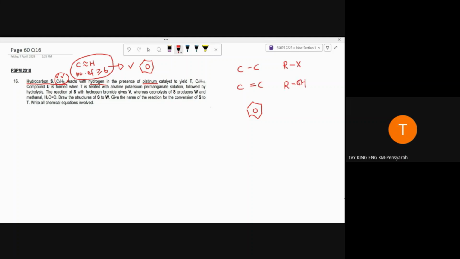Okay, I think this is the minimum. So from all these chapters, what can react with hydrogen is alkene. So basically we know S is an alkene that has a benzene ring.